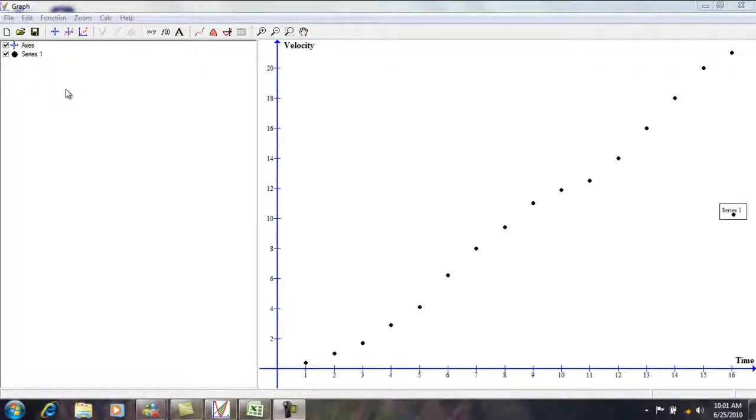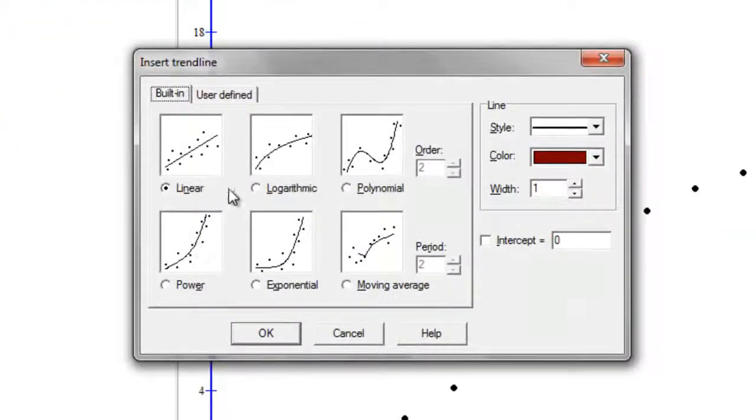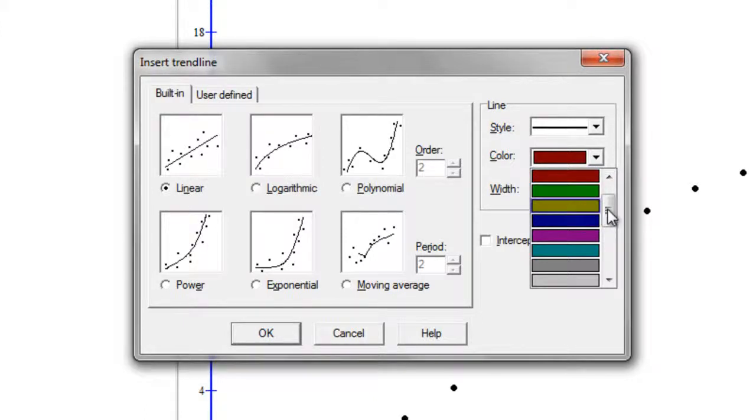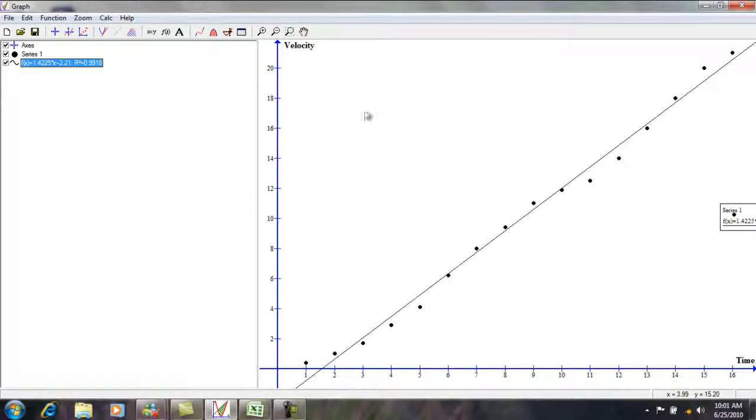Our next step is to find the trend line which best fits our data. If you recall correctly, we had mentioned there are various kinds of trend lines which we could opt for.